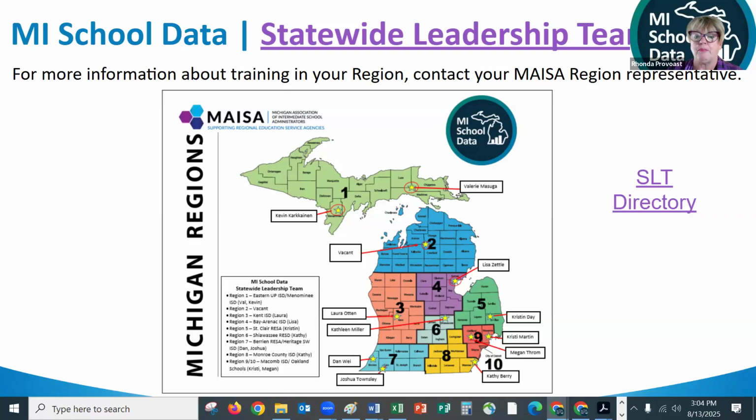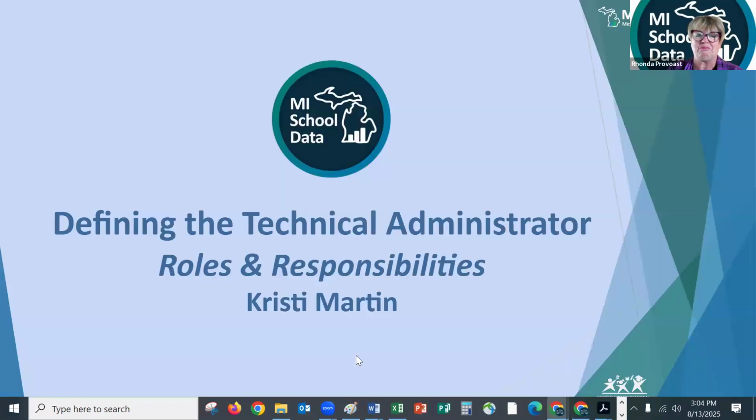If you click the link to the statewide leadership team, you can see their profile information, including our CEPI partners, as well as the link here for the SLT directory if you need to make any contact. So that is our representation of our statewide leadership team.